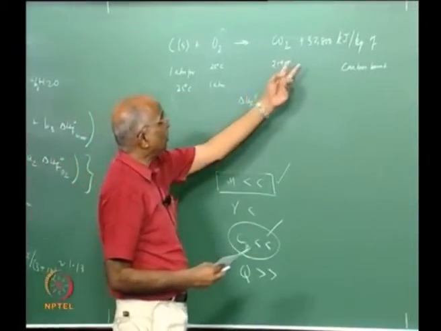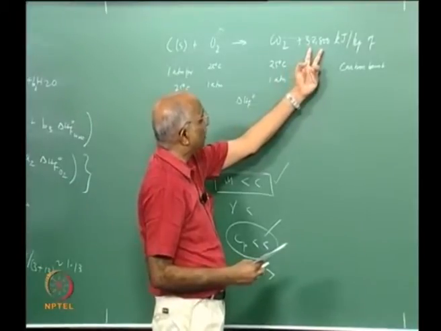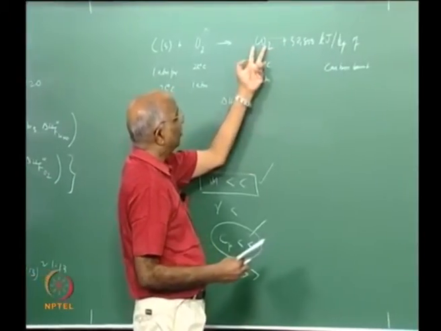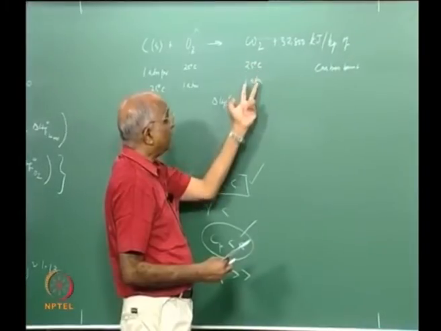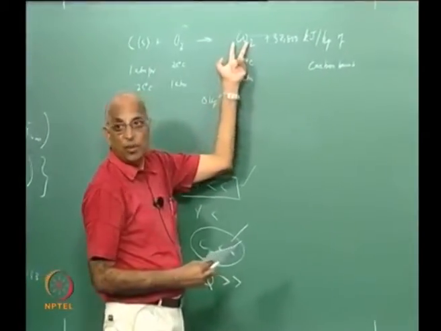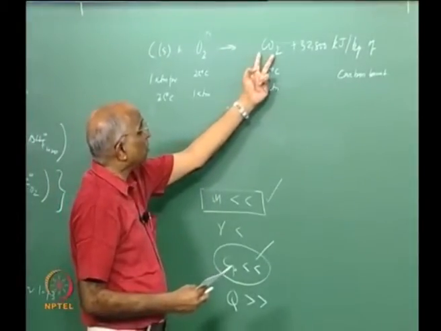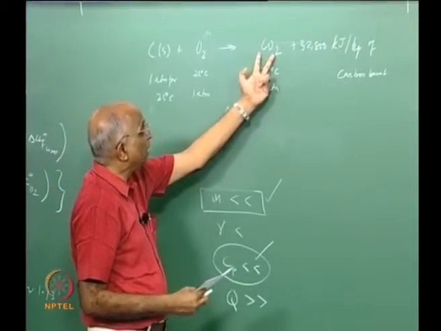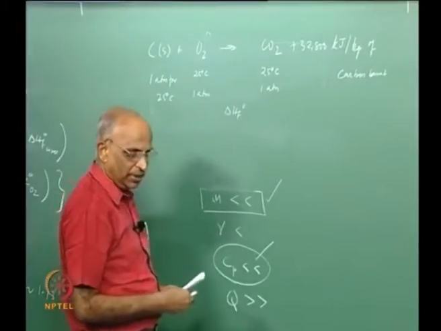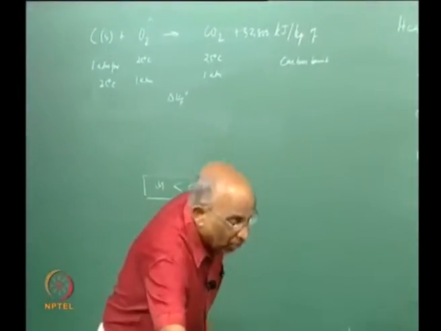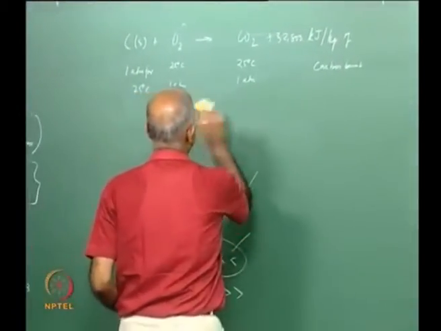This 32,800 kilojoules of energy is not going to form carbon dioxide at 25 degrees, rather the temperature will go up. Therefore, if my product carbon dioxide has to be at 25 degrees centigrade, what do I have to do? I have to remove some heat from this reaction.